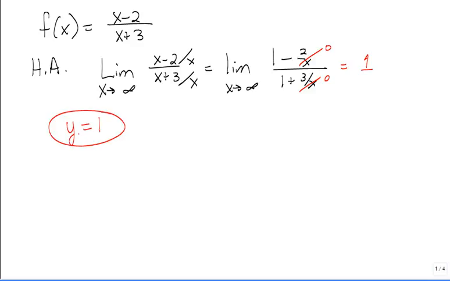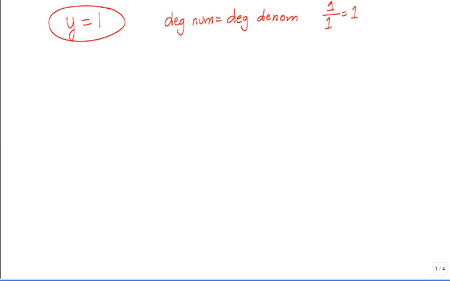And again, you could see that because the degree of the numerator equals the degree of the denominator. It's both degree 1, so in that case we divide the leading coefficients. 1 over 1 is 1. Okay, so that's our horizontal.